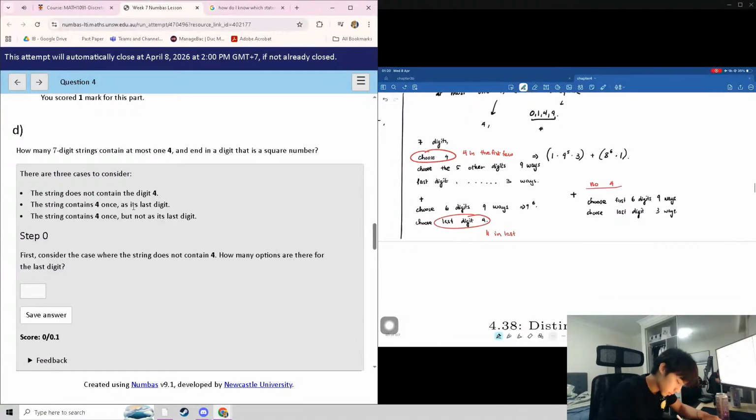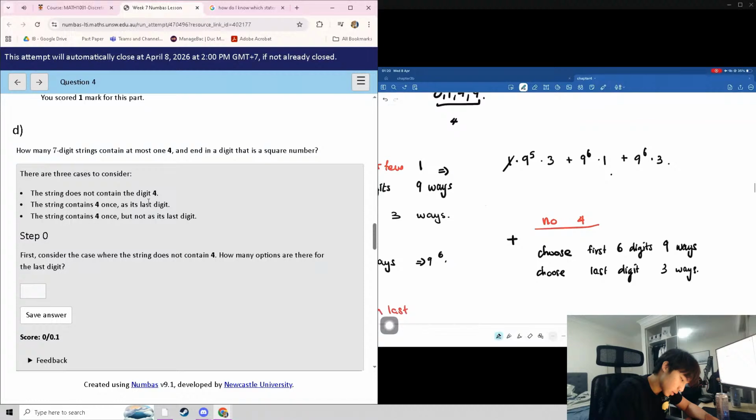So this is one way. 5 to the and 3 plus 9 to the 6 plus times 1 is 5 plus 9 to the 6 times 3. Yeah. Let's try it.